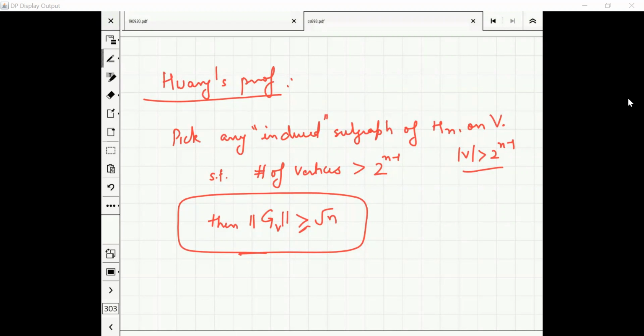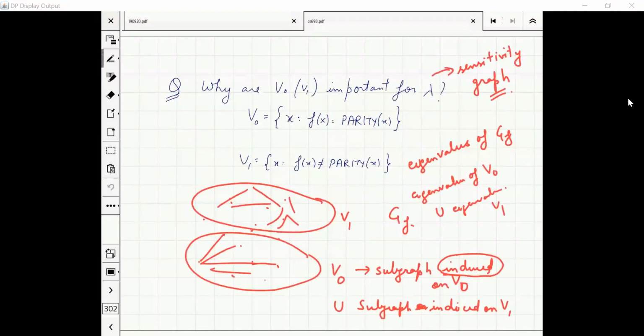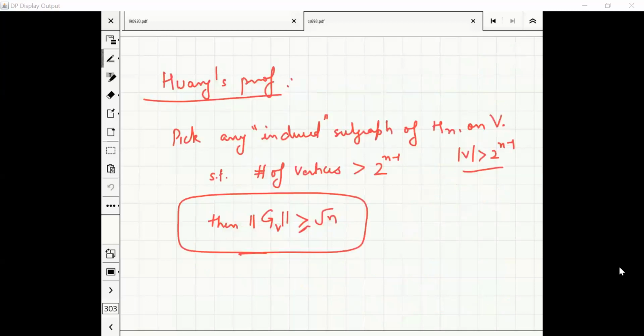Are there any questions? One thing I would want you to check by tomorrow is this fact that the sensitivity graph is just the induced subgraph on V0 and the induced subgraph on V1. Please try this. This will really help you a lot to understand this. And once you notice this, then this is what I need to prove.